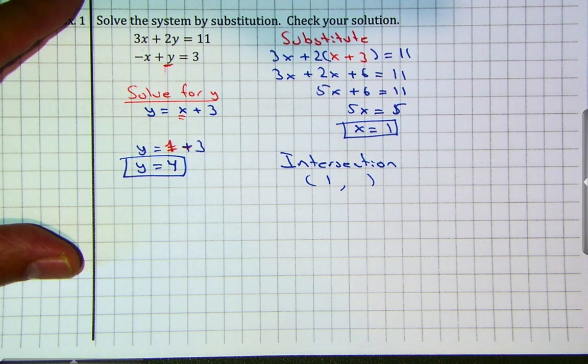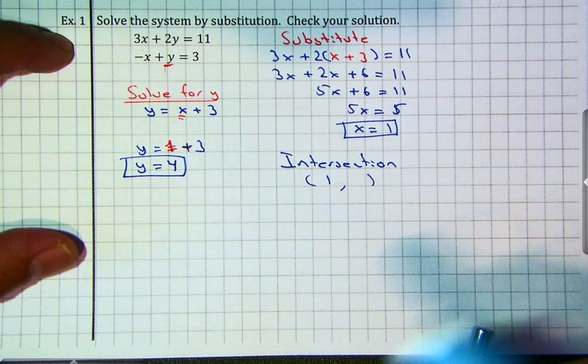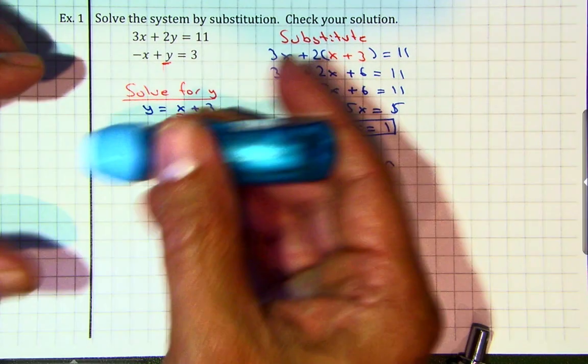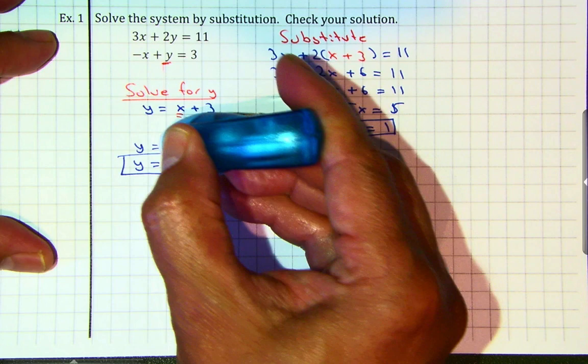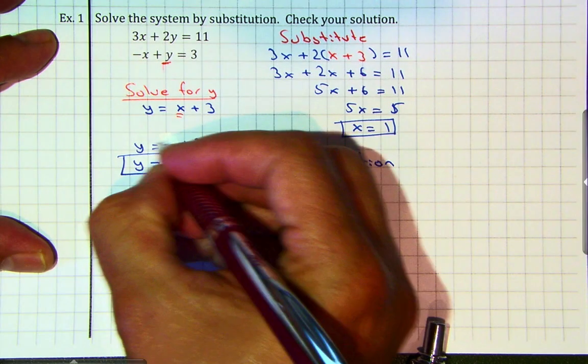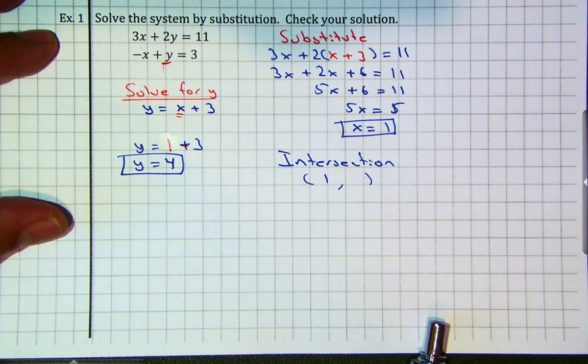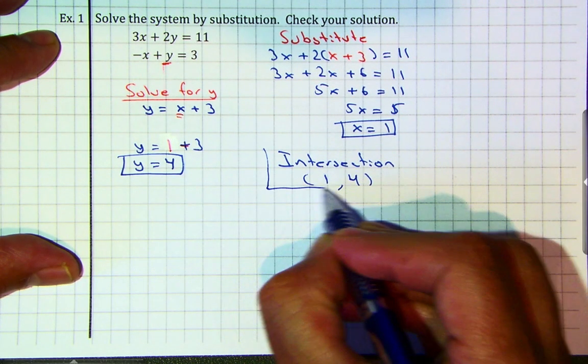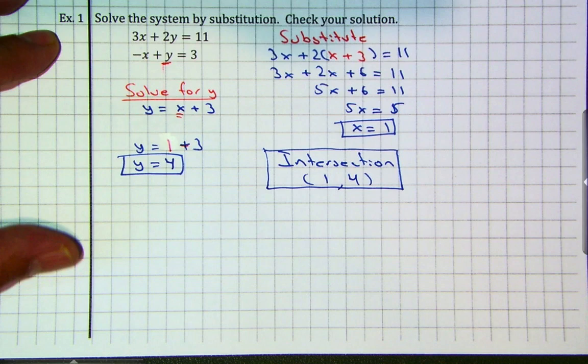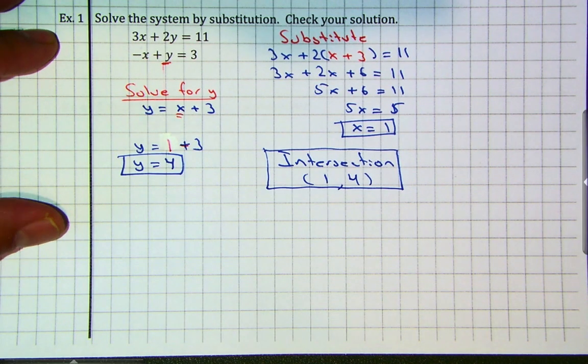And now if I want to check my answer, to confirm that this is my intersection, that this is my solution, I can do it two ways. I can graph it, but for today I'll check my solution algebraically.